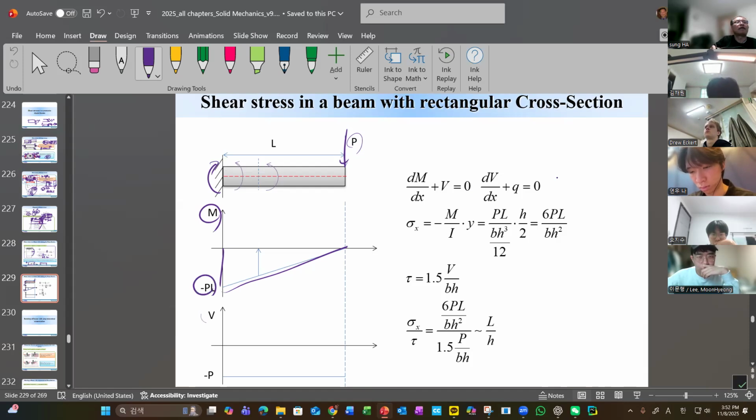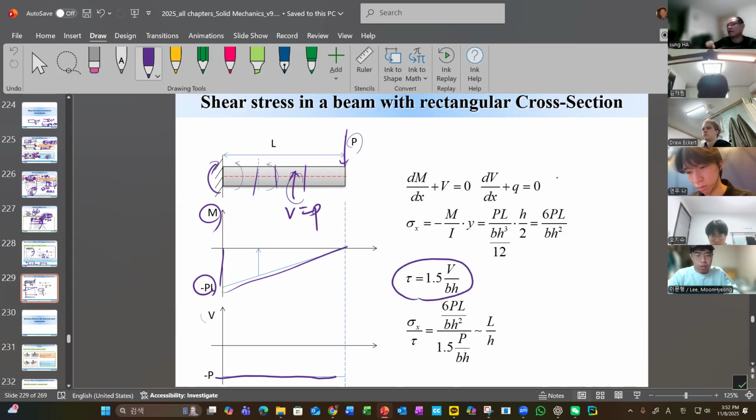Now, V at any cross section, you have a shear force of V equal P. That's why we have a uniform shear force. Now, the point is that the tau shear stress will be like that.